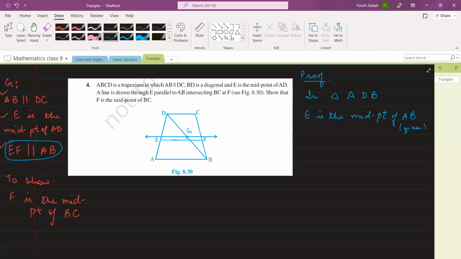That means a part of it will also be parallel to AB, right? So we can say EG is parallel to AB. Why can I say that? Because the full line EF was parallel to AB. So I can use the converse of the midpoint theorem. This line is already parallel, right? So from the converse, I can say that G is the midpoint of BD.